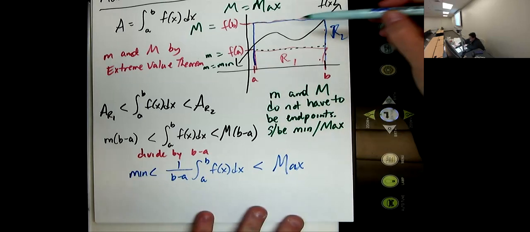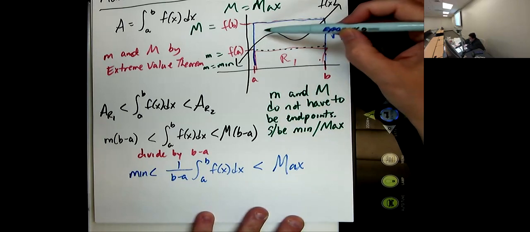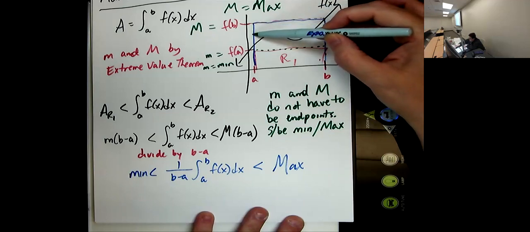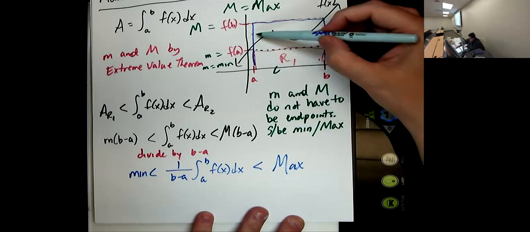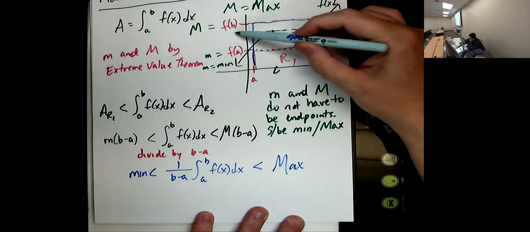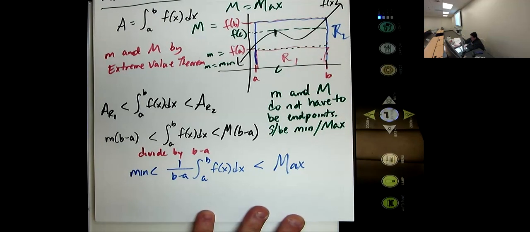The mean value theorem is there somewhere in here, in the middle. Let's say it's right there. Let's say that's C. I don't know if that's C or not. Doesn't look like it.